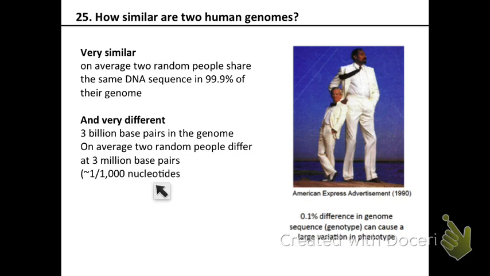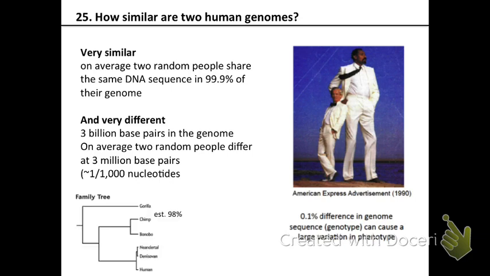That's very different. Just to give you an idea of how similar we are, we're 99.9%. The estimated sequence similarity between humans and chimps is about 98%, right?